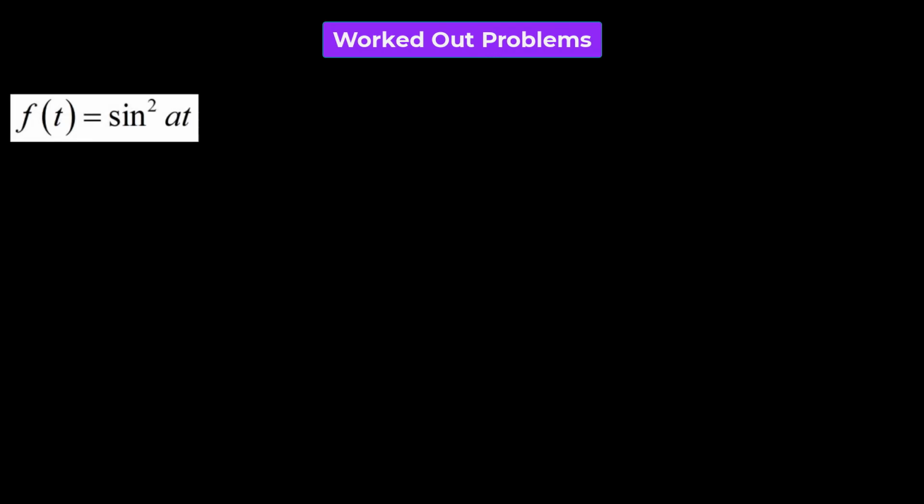Similarly, we're going to figure out the Laplace transform of sine squared at. So we start with the identity cosine of 2t is equal to 1 minus 2 sine squared of t. So if we replace t by at, we get cosine of 2at will be equal to 1 minus 2 times sine squared at.